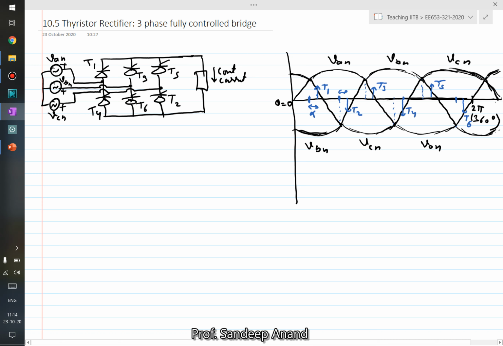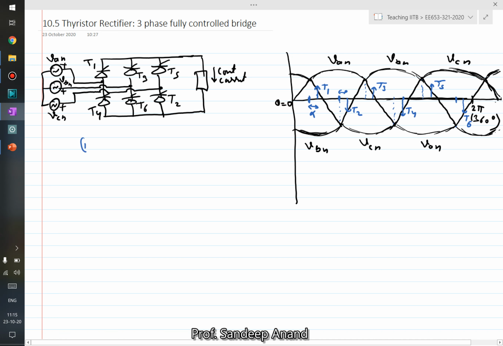Right, so now a few things to observe here. Once we have drawn these firing angles, one other thing to observe is we fire a certain thyristor after every 60 degrees, right? So you see between T1 to T2, the difference is 60 degrees, between T2 to T3, 60 degrees, T3, T4, 60 degrees, and so on.